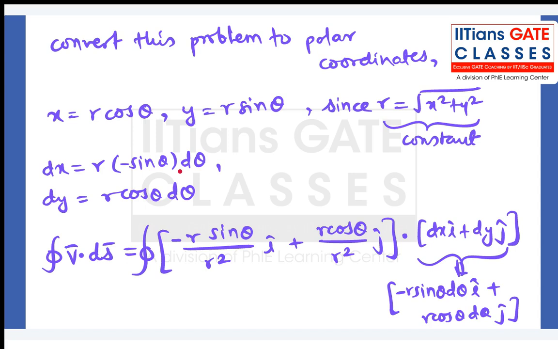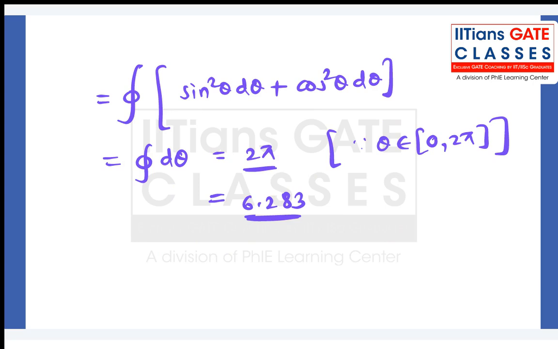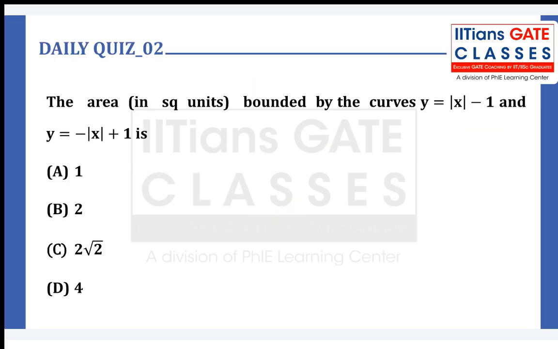You also use that ds bar is nothing but dx i plus dy j, and that is the piece of information you use for the calculations. So, interesting, tricky question, but if you understood Green's theorem properly, you should be able to solve it. Now let's move on to the next question.